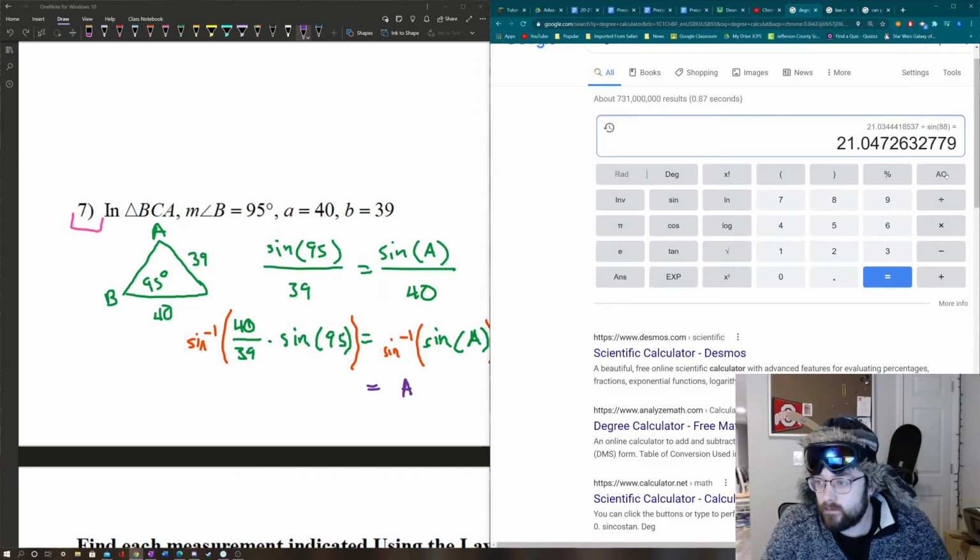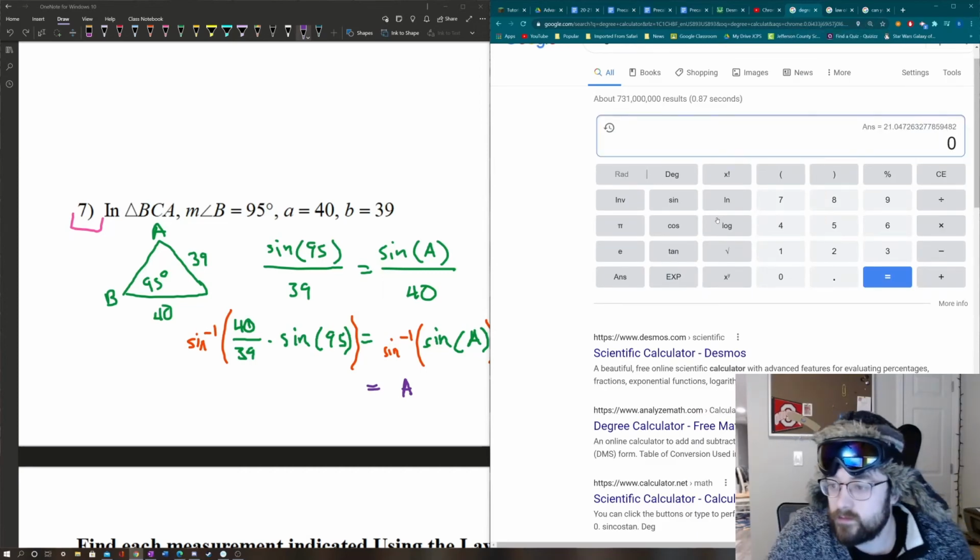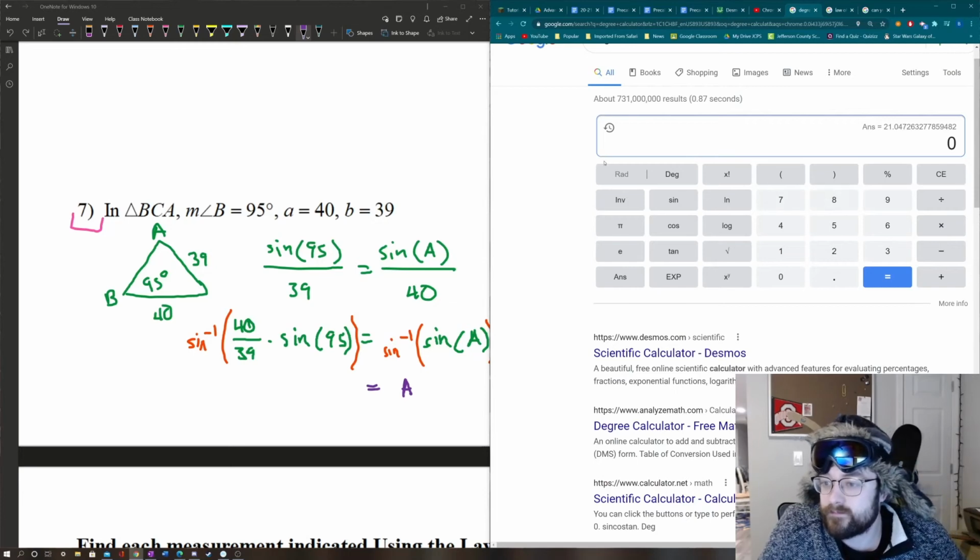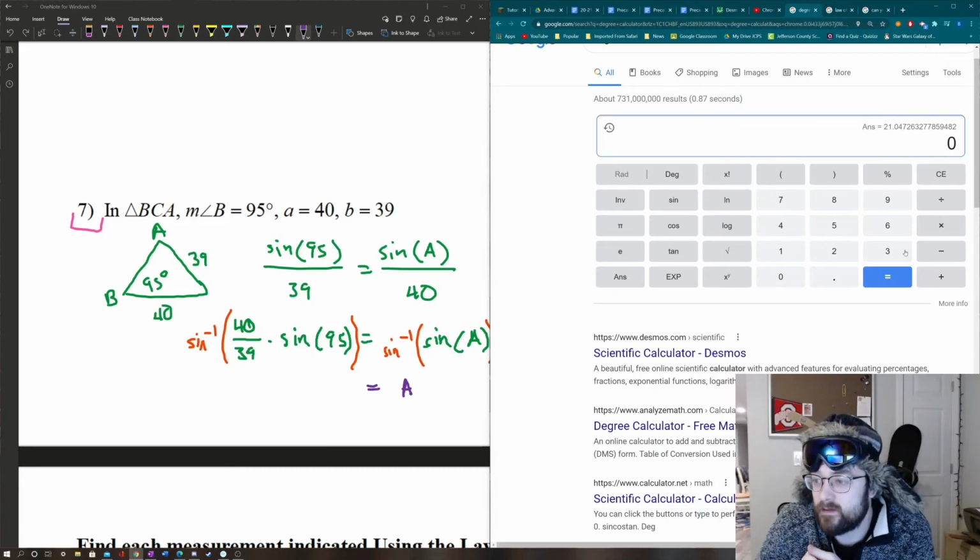There we go. So we'll clear that. So I'm going to do inverse sine, which looks like... Google doesn't have that. So that's cool. Well, let me find something that does.